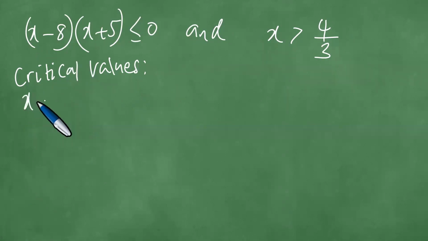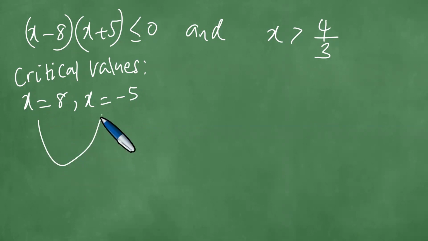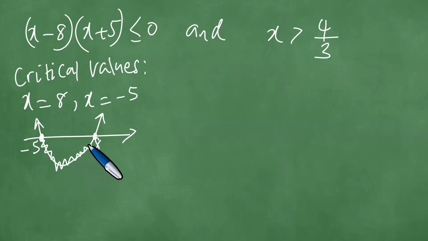The critical values are x equals 8 together with x equals minus 5. Then we sketch a rough quadratic with minus 5 and 8.